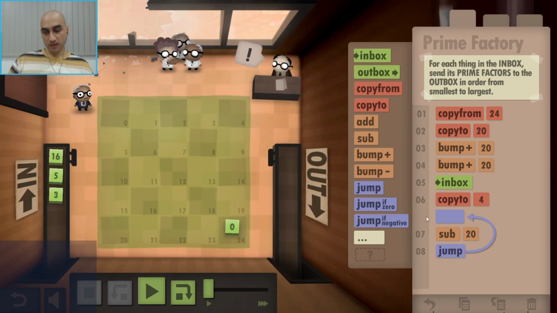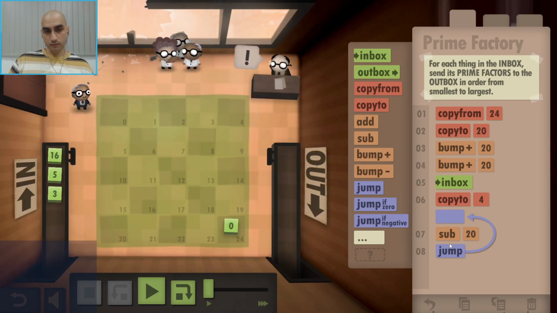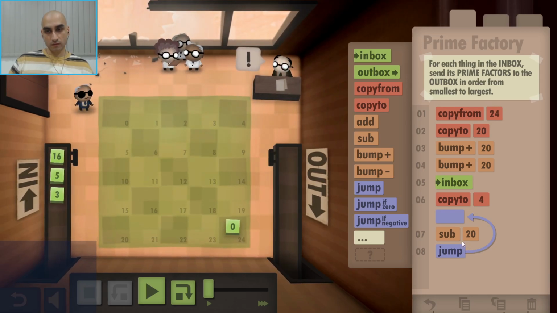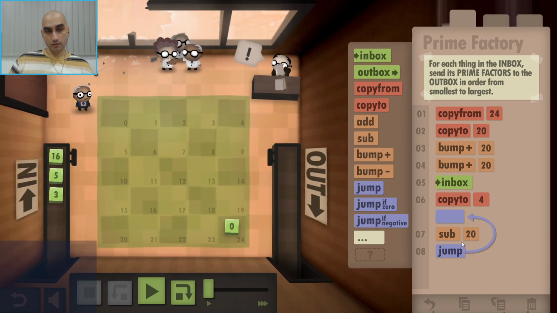So the easier case is if it was negative, then we just move on to the next number.